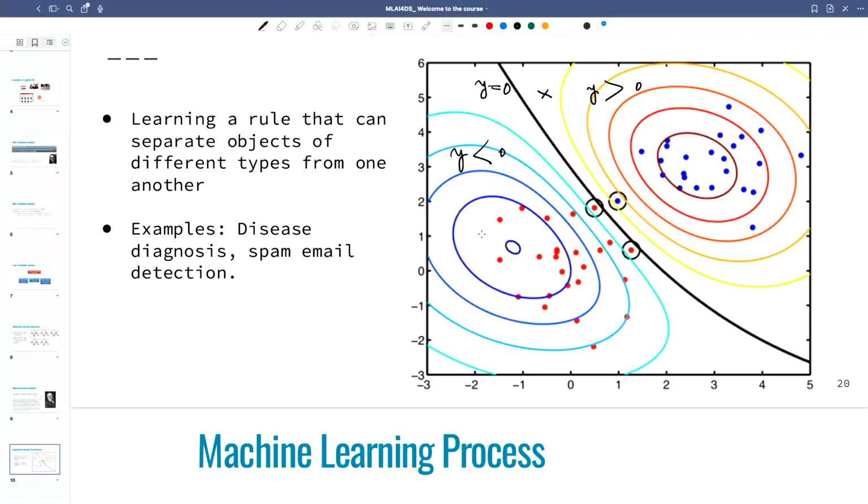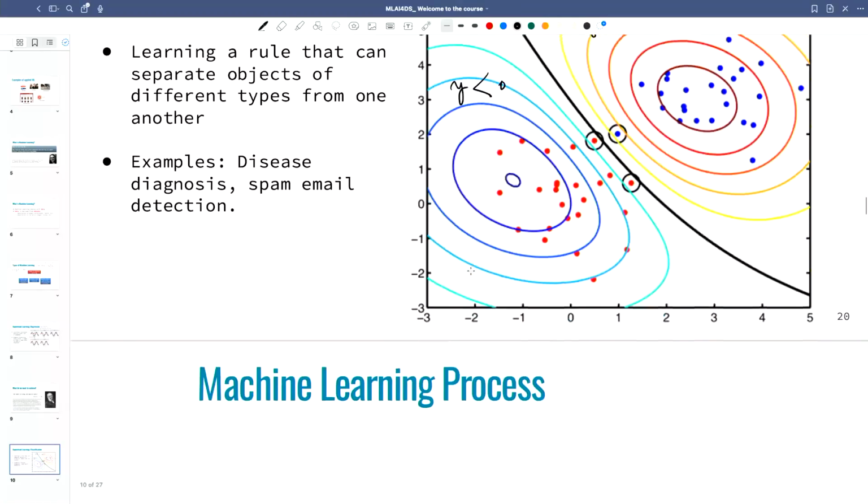Right? And in high dimensional spaces, we have to do it because we don't have visualization tools. Examples here are disease diagnosis, spam email detection, etc. Depending on the number of features that you want to have from the object, you can have the same problem with 2 features or more features in higher dimension.